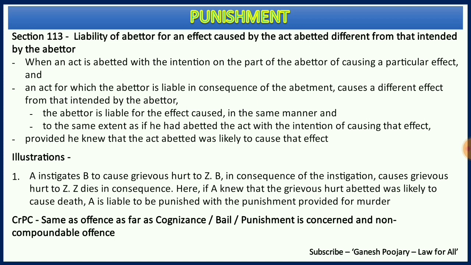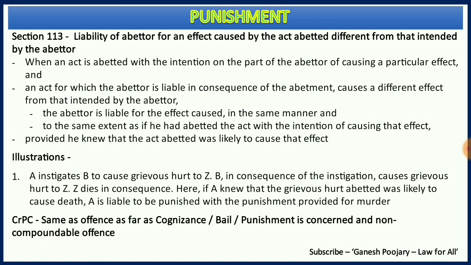That is what exactly section 113 discusses, where an act which gives another effect as a consequence of that particular act, and if someone is abetting for such act, the person who has abetted is liable for punishment for the ultimate offense which has happened. And in the illustration here, the murder has happened, so A is punishable for murder also.